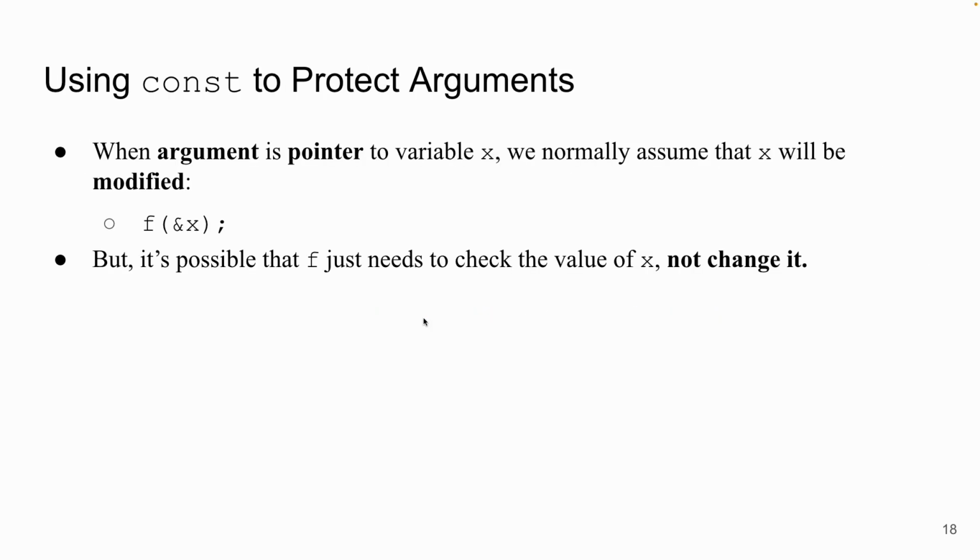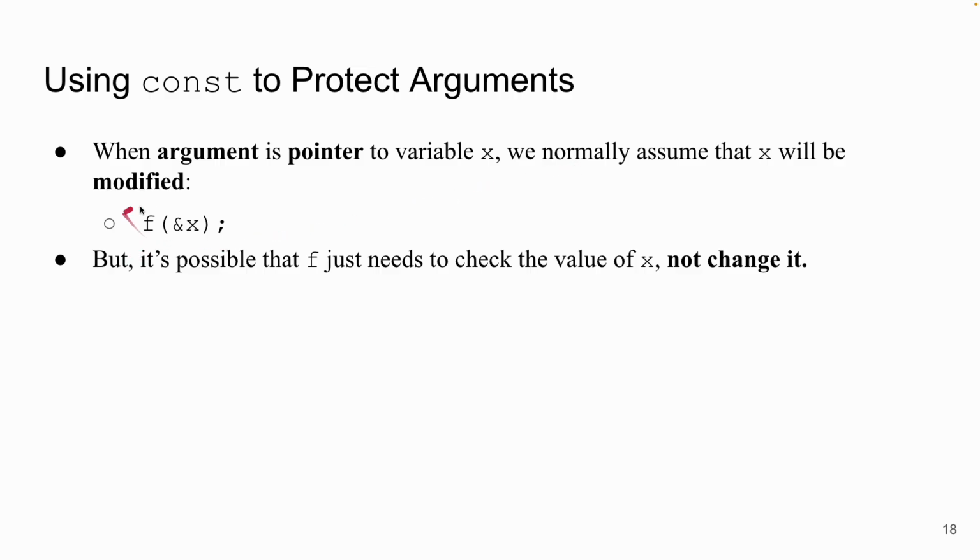And the next thing I want to introduce is something we can use when we use pointer as argument. That is how we can use the keyword const to protect an argument. When the argument is a pointer to variable x, we normally assume that x will be modified, right?